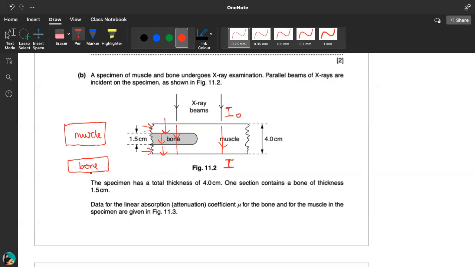It doesn't matter which one comes first, as long as they add up to this. So you have I naught coming in, coming out of the muscle here, let's call it I1. Then I1 goes through bone, coming out here, you have I2. We separate it because you have 2 different media.